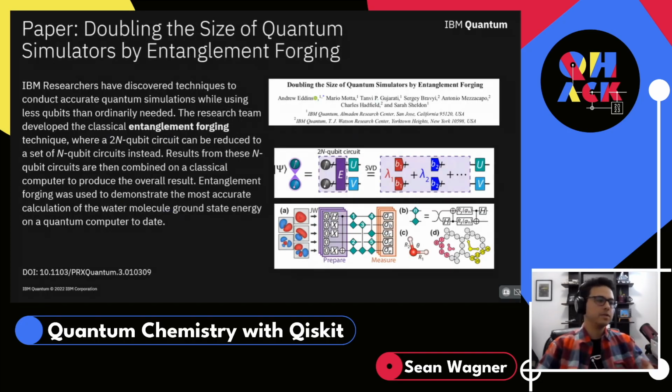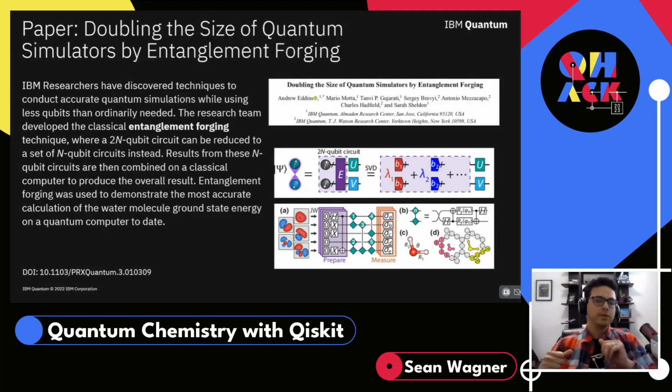This kind of methodology. This is a paper that was published by IBM Research just last year, in which they talked about this technique called entanglement forging. And entanglement forging is part of a whole set of techniques that we really call circuit knitting. And circuit knitting is all about, again, decomposing the circuit and then executing them individually on the quantum computer and then recombining the results later on.